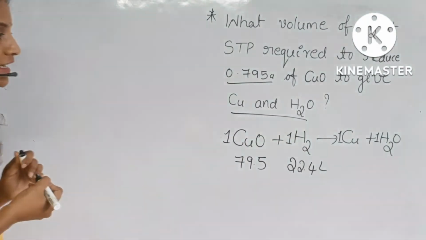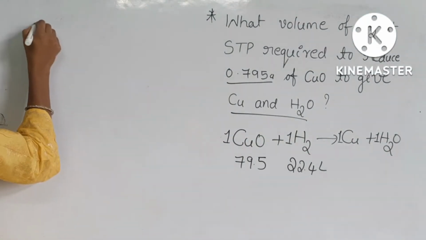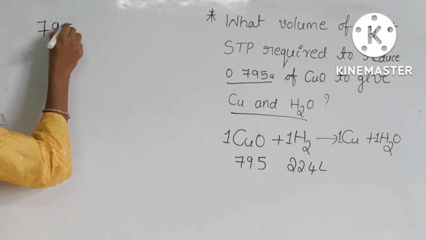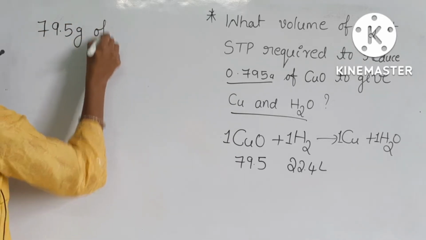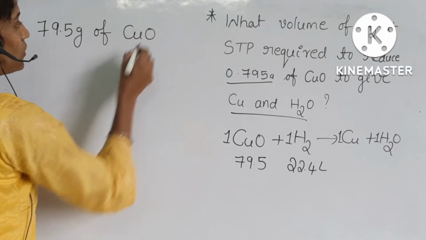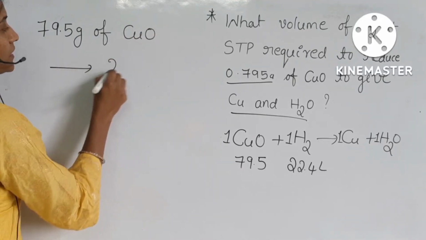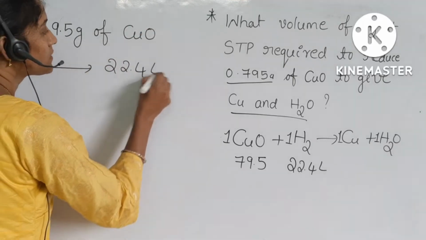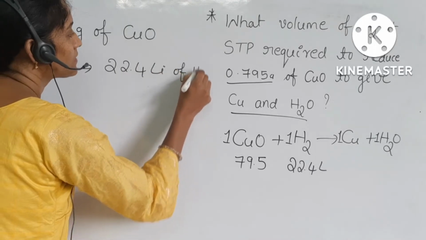Now coming to the calculation part, 79.5 grams of CuO needs 22.4 liters of H2 gas.